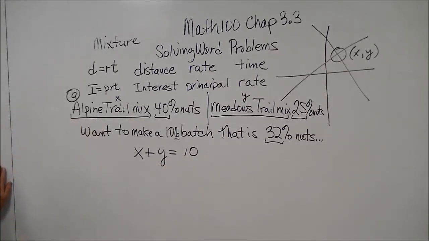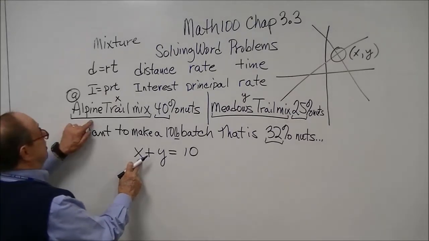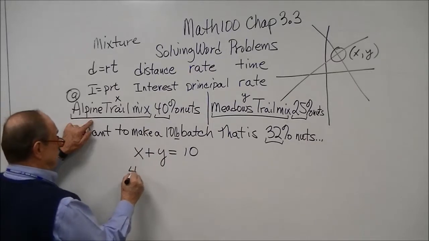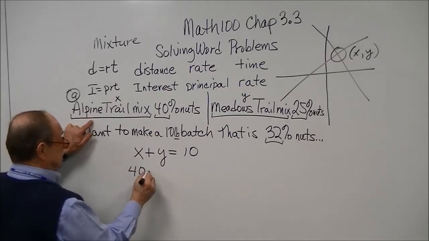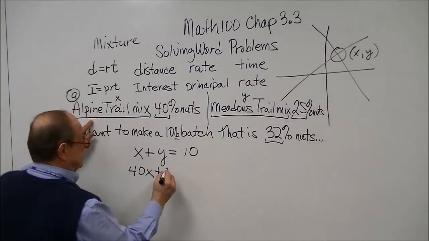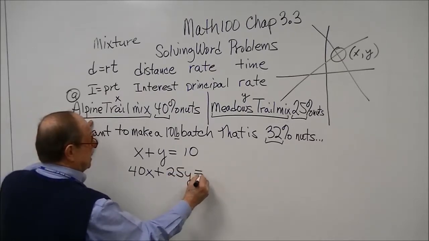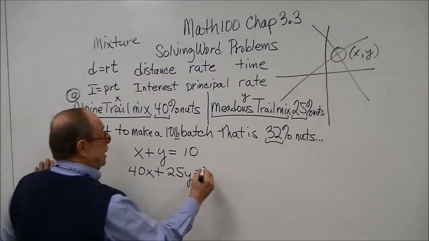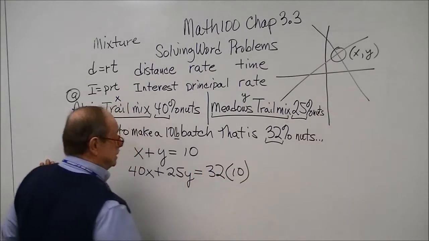And then it's just like the previous one. The alpine is 40%, and we don't have to put decimals if we don't want to. And the meadows is 25%. And we're going to end up with 32% of 10 pounds.